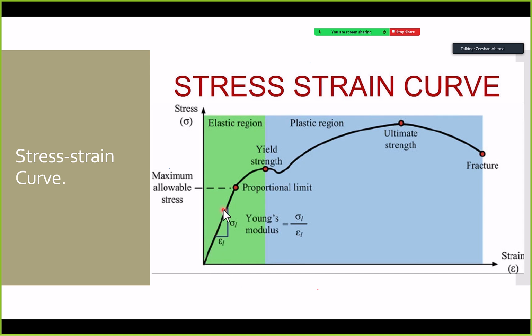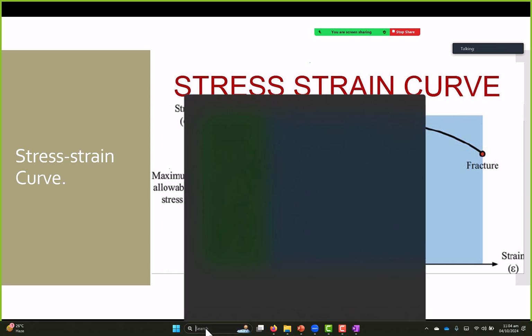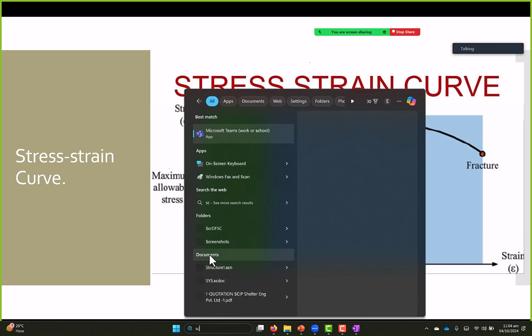Okay. This curve goes up till here, and if I stop applying the force, this will come back here. Hold on to this thought. Let's say, I should take a screenshot of this actually.